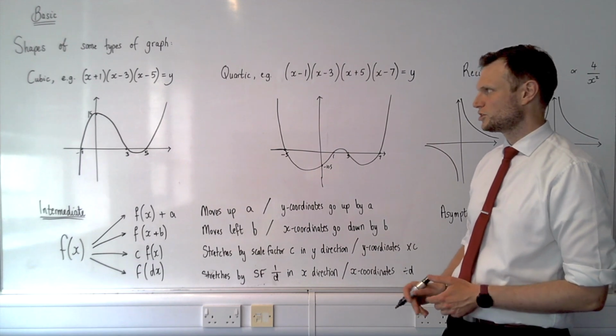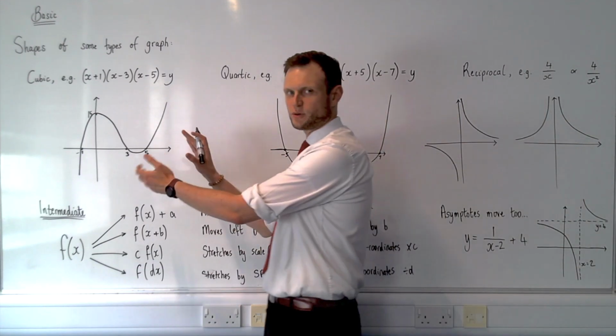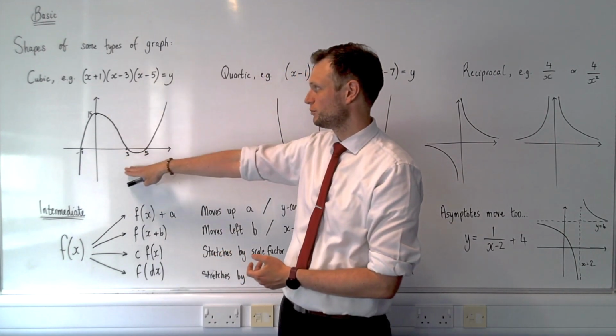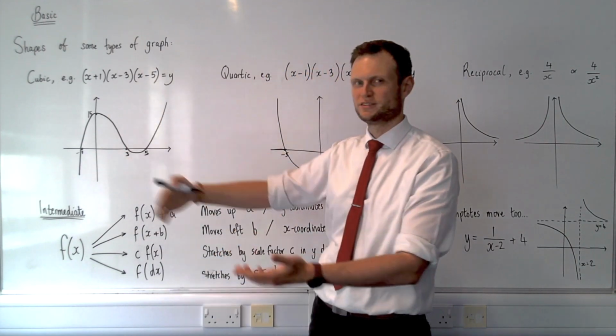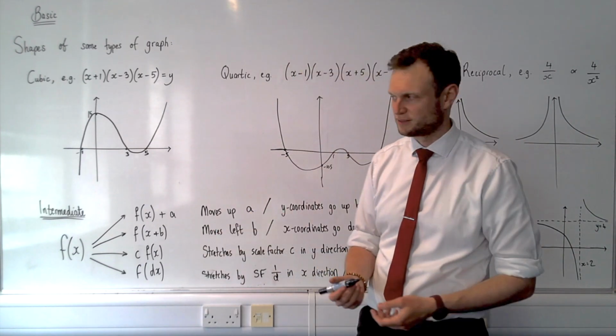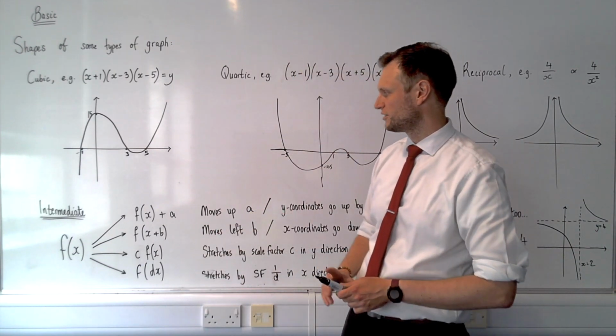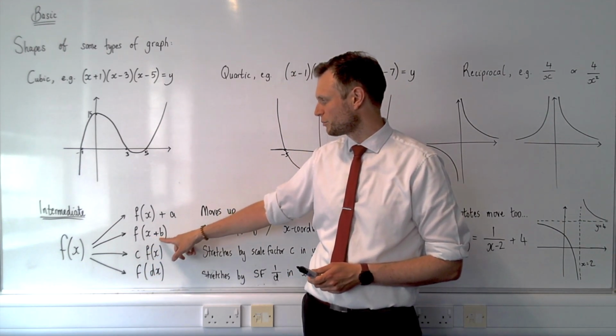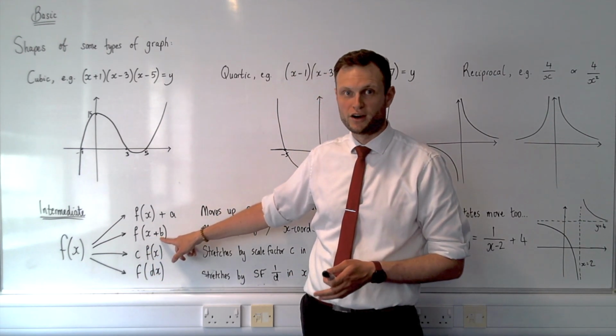Sometimes you get questions where you're asked to sketch it, like this question would be. And then they ask where the points move, so what happens to the coordinates. Say, for example, it's been multiplied by 2, and then in the brackets it says -5.